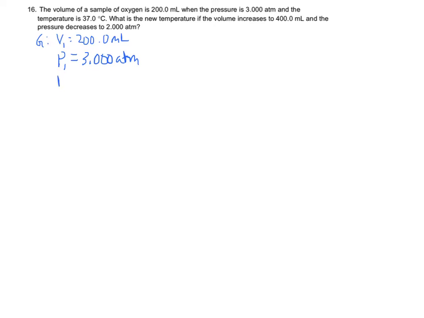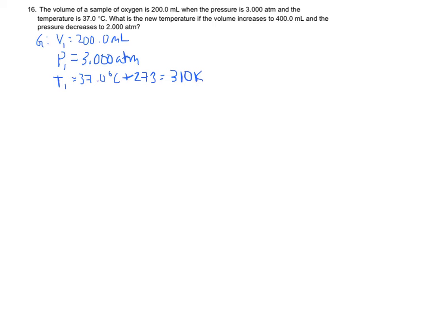Okay, and we know that the initial temperature is 37.0 degrees Celsius, that we need to change immediately into Kelvin. So 37 plus 273 is equal to 310 Kelvin.